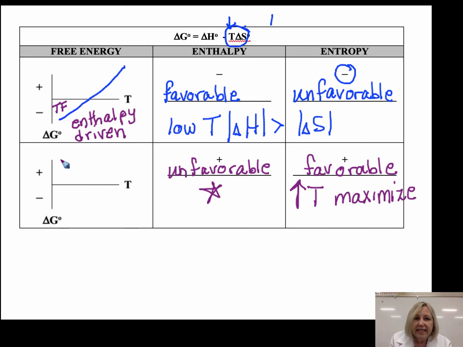So it's now at high temperatures we can overcome that and have a thermodynamically favorable situation. And when that finally occurs, it's due to entropy. So we would say this was entropy driven.